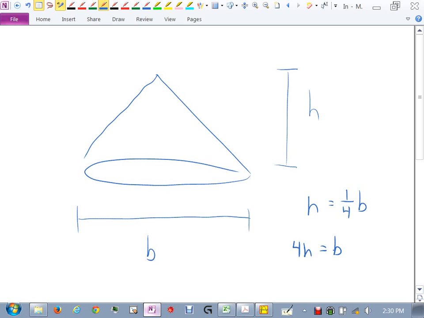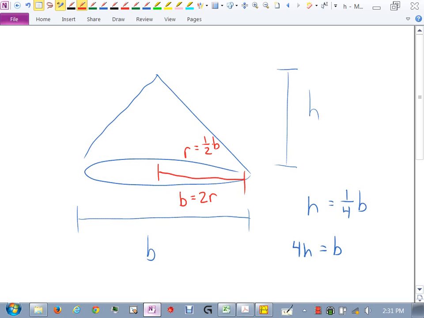Well, your R, though, your R is this, right? Well, I'll tell you this much. Your base is twice your R, or if you want, your R is half of your base.